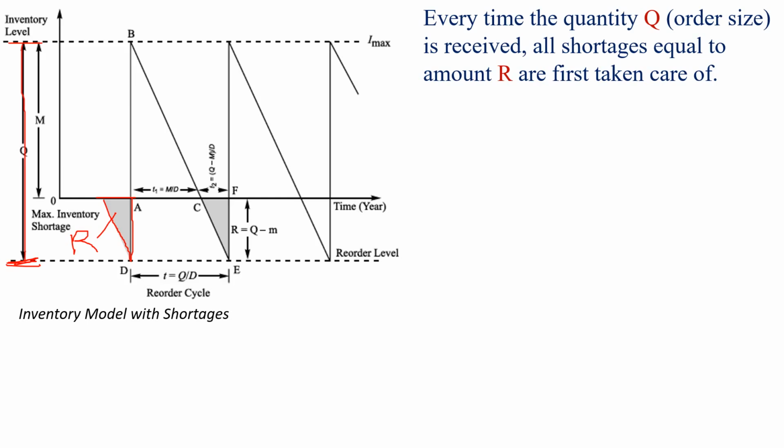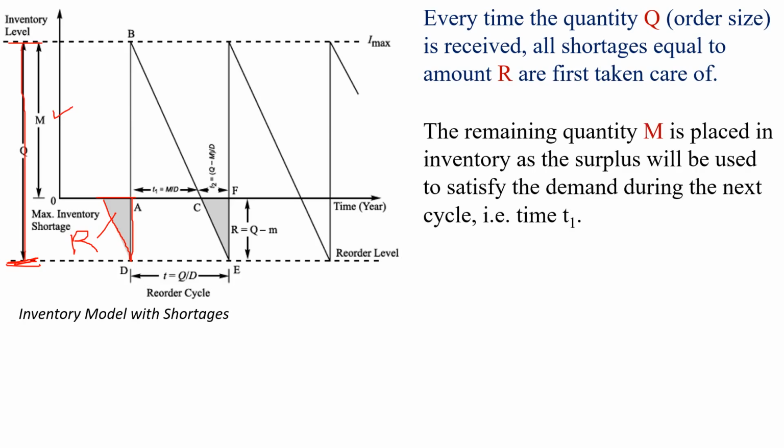That remaining quantity we are calling capital M. The remaining quantity M is placed in inventory as surplus and will be used to satisfy the demand during the next cycle. So this quantity M will be used up to T1, the time when no shortage exists.